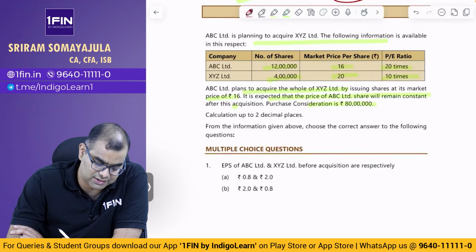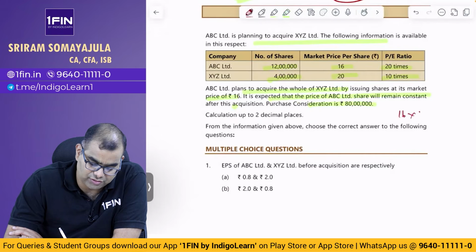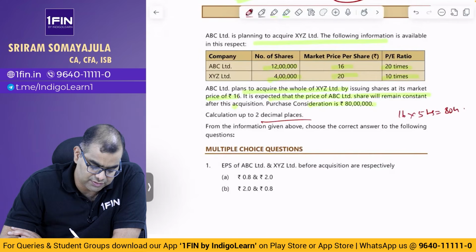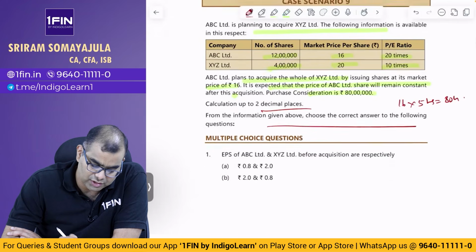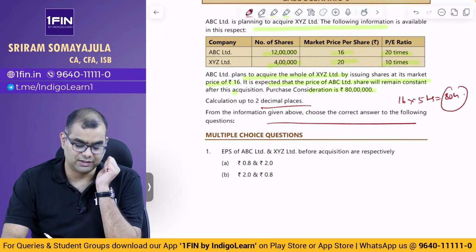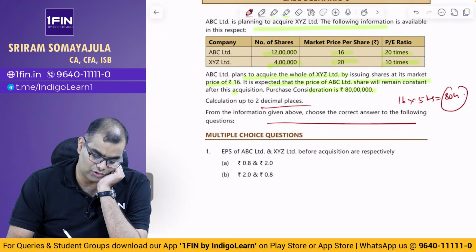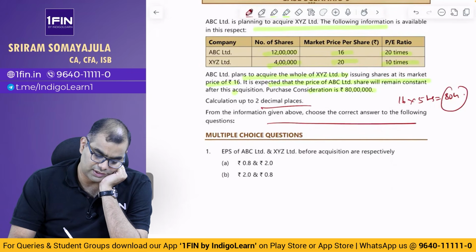So the logic is this. They are issuing 16 rupees into 5 lakhs equal to 80 lakhs. That's how it is 80 lakhs. Calculation to 2 decimals. From the information below, choose the correct answer. Now, what do they ask? EPS of ABC before acquisition. What is EPS? P by E is 20, right?